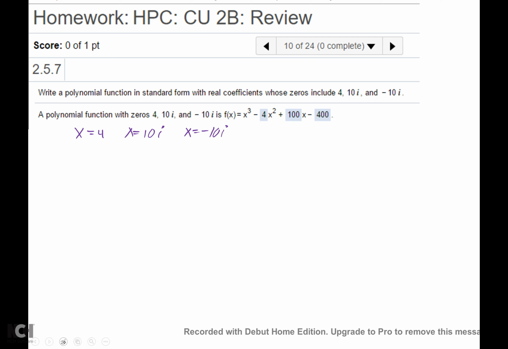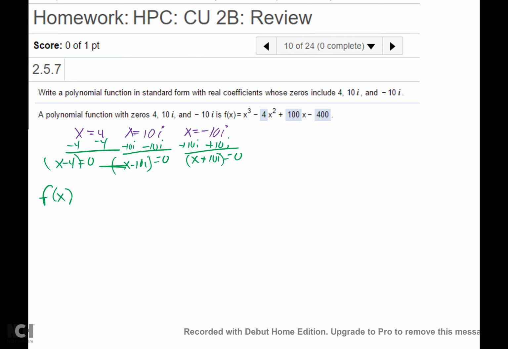So its factors: minus 4, I get x minus 4 equals 0, minus 10i, x minus 10i equals 0, add 10i, x plus 10i equals 0. These are my factors for my function.